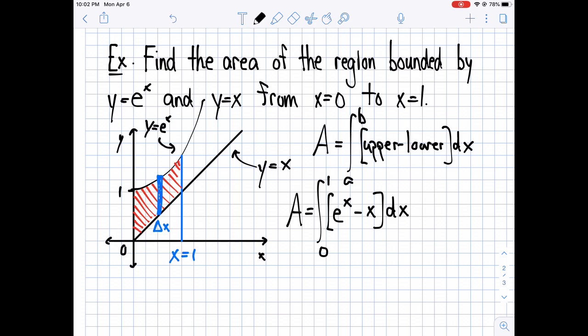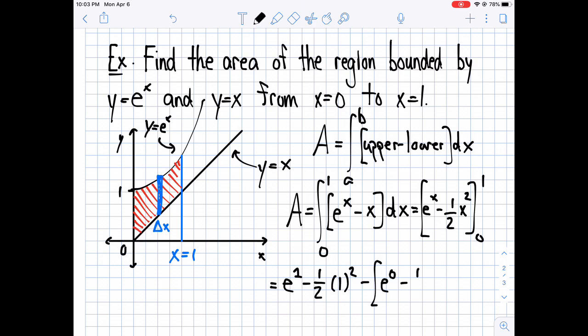We have to do a little bit here of FTC 2. The basic antiderivative here is not too bad. We have e to the x minus 1/2 x squared, and we're going to evaluate that from 0 to 1. So what we end up with is e to the power of 1 minus 1/2 times 1 squared, minus e to the power of 0 minus 1/2 times 0 squared.